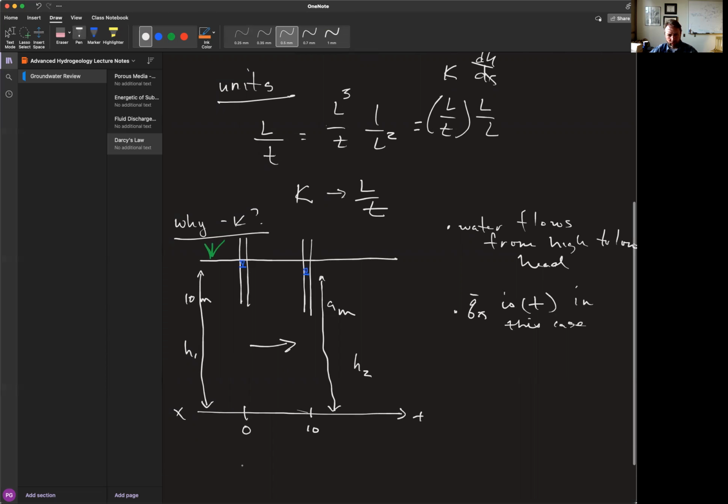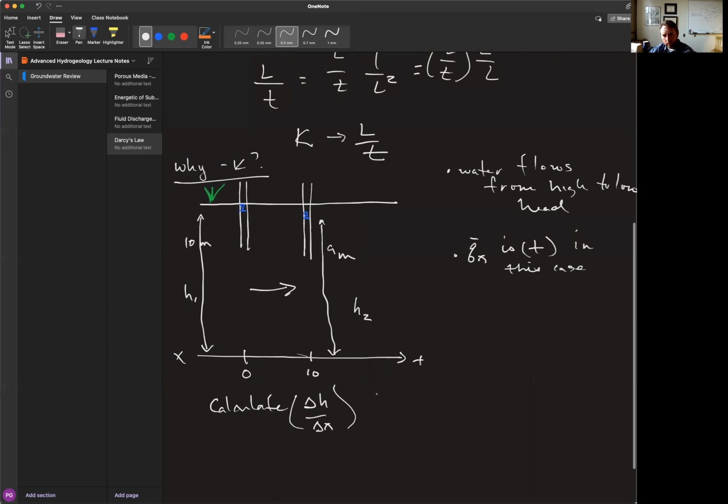So remember these. Calculate delta H over delta X. This is equal to 10 minus 9. And now the X where my head is equal to 10 is 0 meters, minus the X where my head is equal to 9 meters is 10 meters.